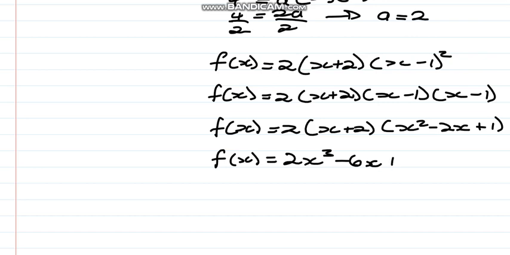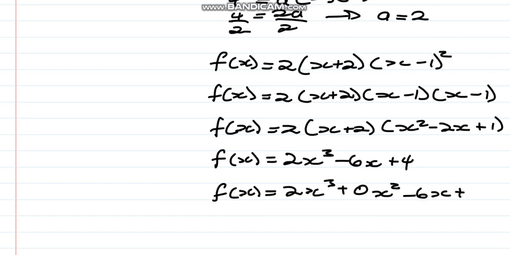Therefore our a would be equal to 2. Let me write this as f of x is equal to 2x cubed plus 0x squared minus 6x plus 4.